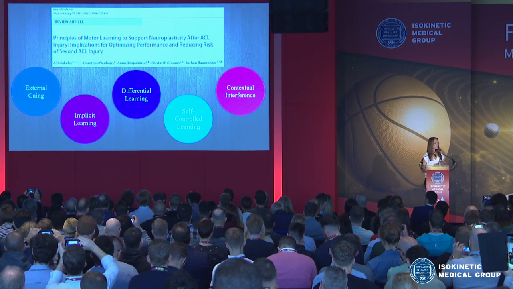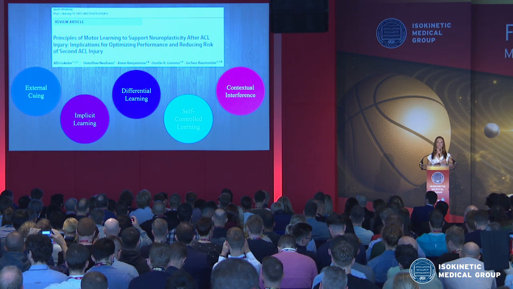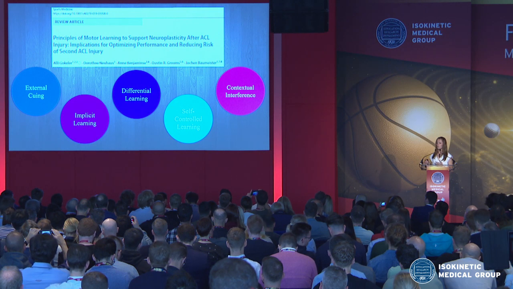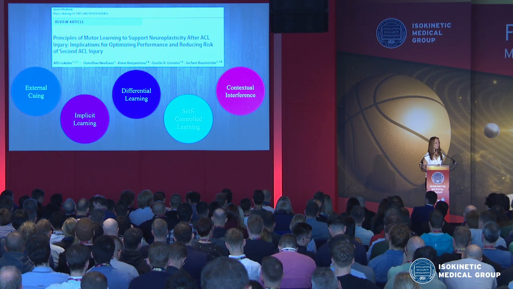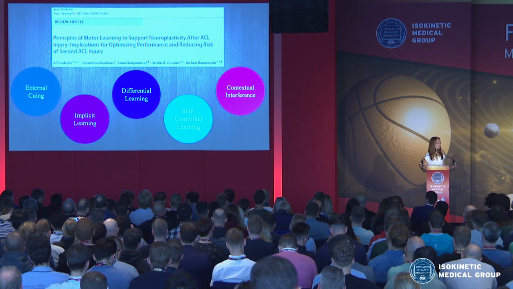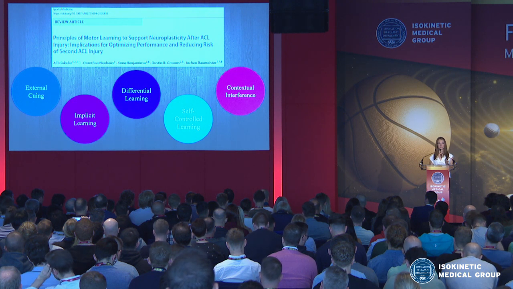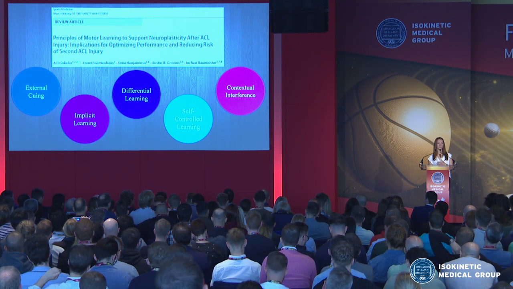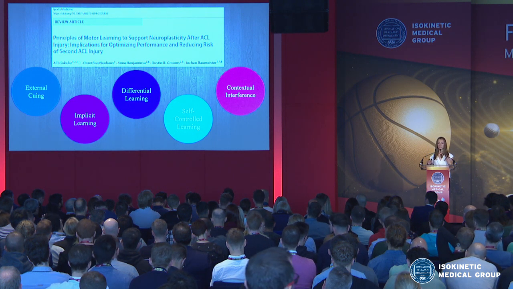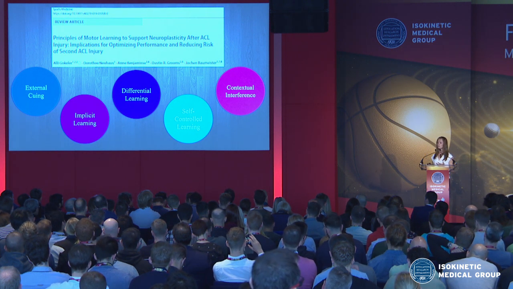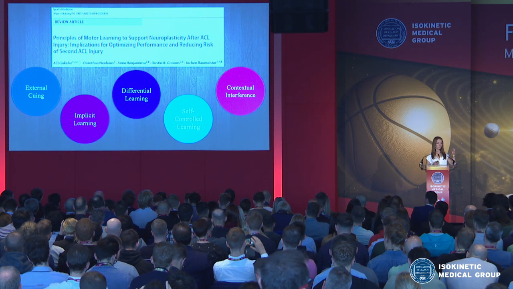The principles that they lay out are external cueing, so giving cues outside the body, saying rather than I want you to fire your glutes, think about I want you to push the ground back behind you. Implicit learning. So rather than giving your athlete an explicit step-by-step direction, we're instead giving them an analogy, helping them develop an internal visual picture of what that movement looks like, so they can refer to it almost unconsciously rather than thinking step-by-step.